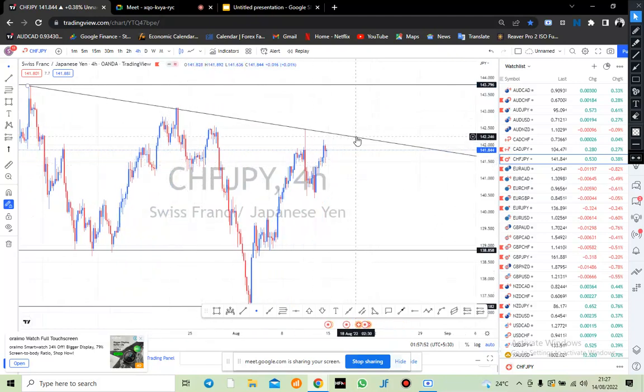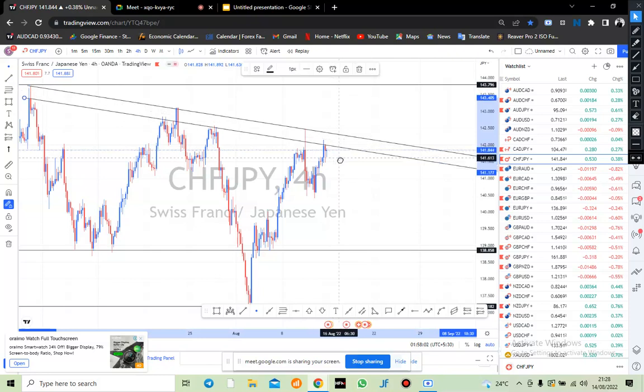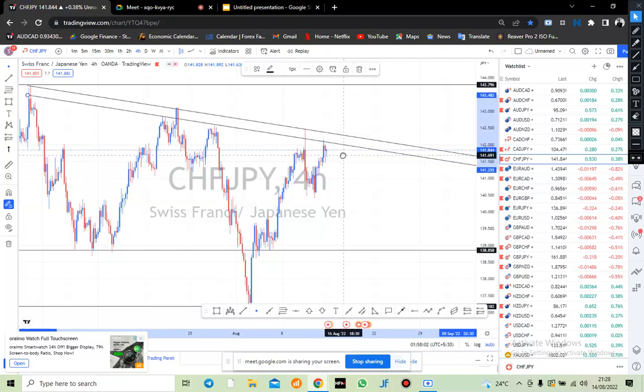But I'm going to draw it as a zone. You can see the second line I drew, it's respecting the market. This is the first line.